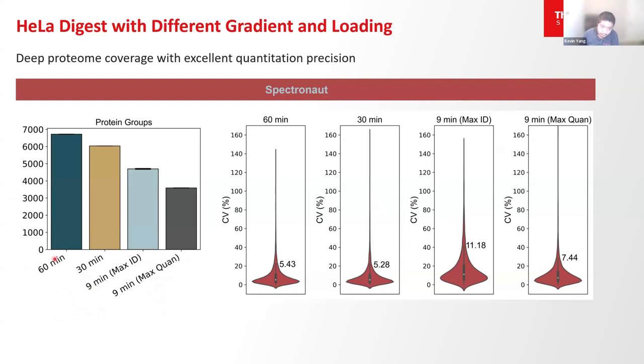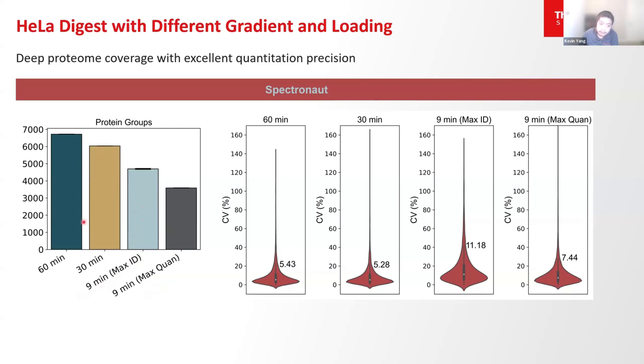You can see that as expected, 60 minutes gives you high coverage, over 6,500 protein groups using Spectronaut. For 30 minutes, we can still get about 6,000 proteins, and this is on the Orbitrap Exploris 480. For 9 minutes, very high throughput, we can still get close to 5,000 proteins, even at such a short gradient, if we use the max identification method.